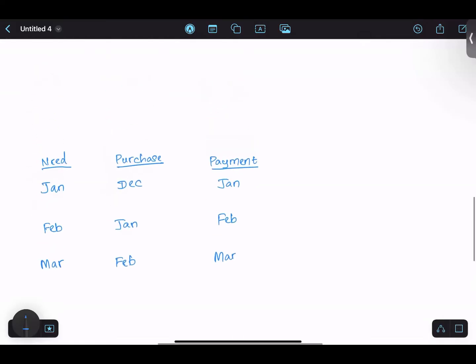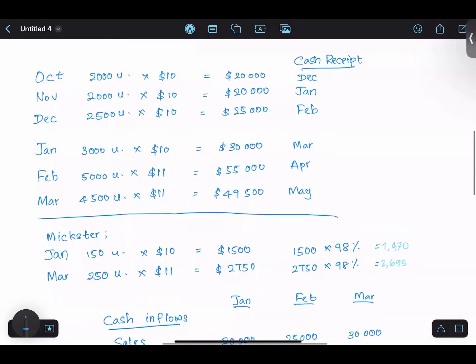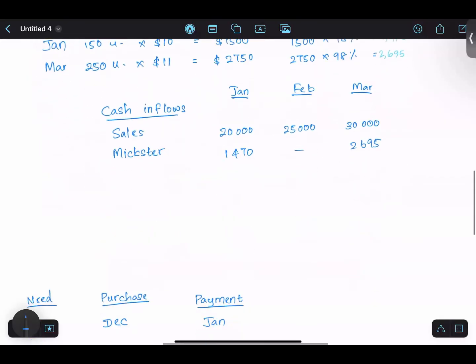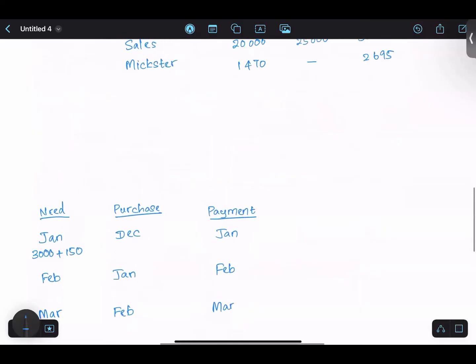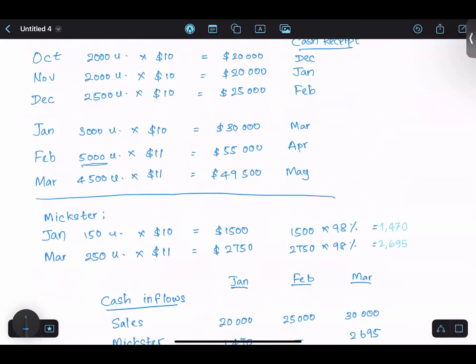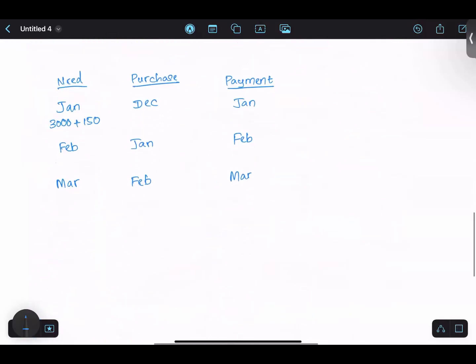So what is the demand for the month of January? For January, we need 3,000 units of helmet. On top of that, we need another 150 units for Mixter. So 3,000 units plus 150 units. For the month of February, we need 5,000 units.